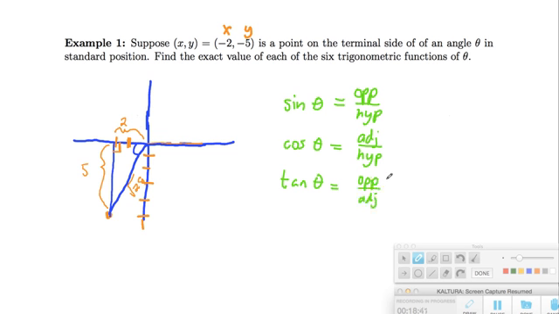So for sine, and remember this is the reference angle right here, it's opposite over hypotenuse. The opposite side is 5, so what we've got here is 5 over the square root of 29.